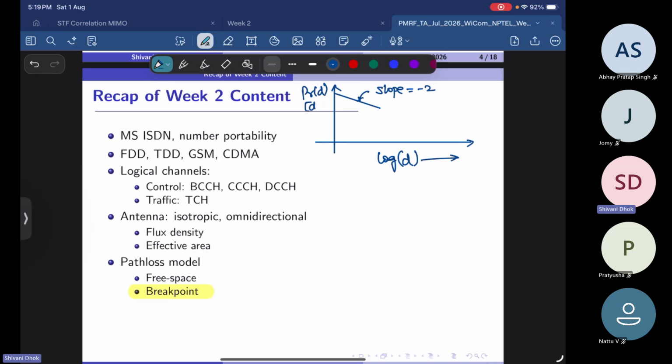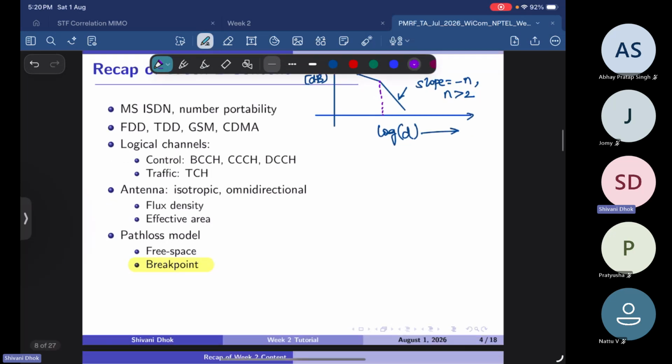This is in dB. And after that, it will decay faster with a slope of minus n, where n is greater than 2. Such models are known as breakpoint models, and the distance where the slope changes is your d break, or the break distance.